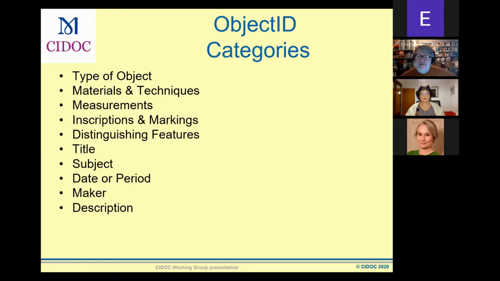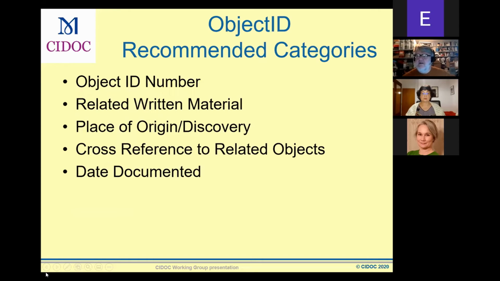Object ID had 2 levels in it. There were the categories which you were required to record, and then there were a set of extra pieces called the recommended categories, which were the things which some people thought might be nice.